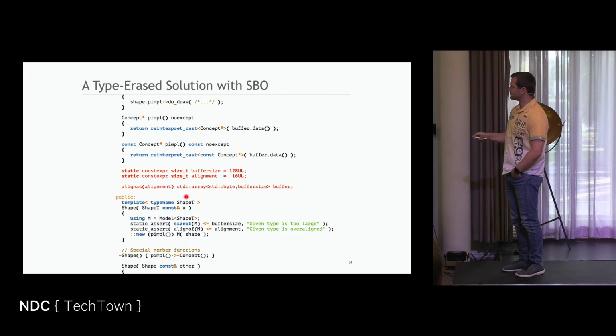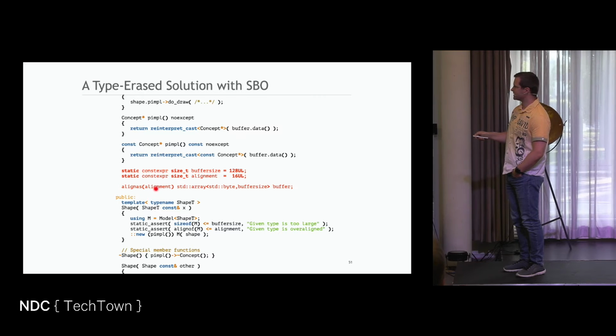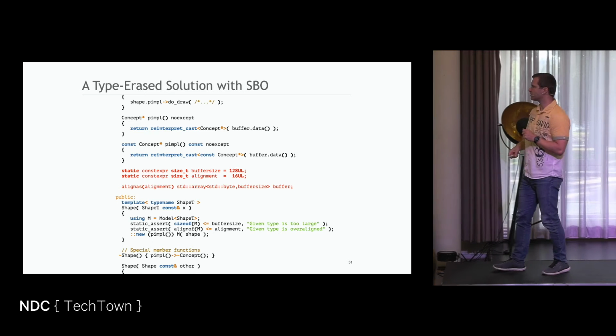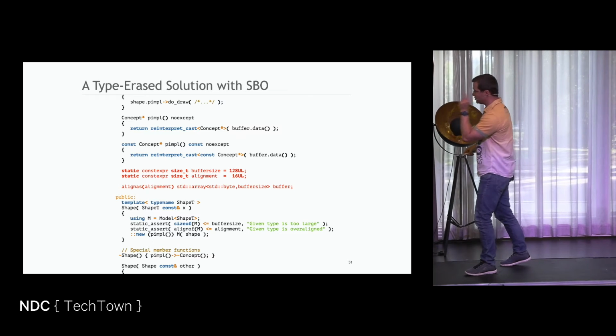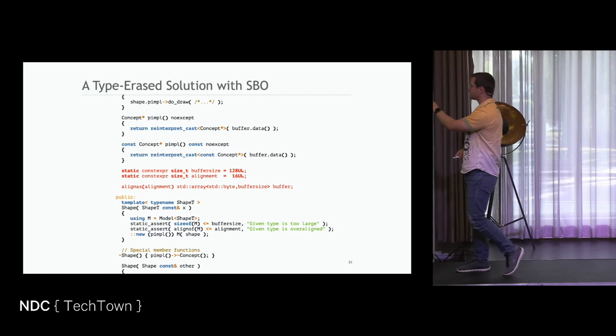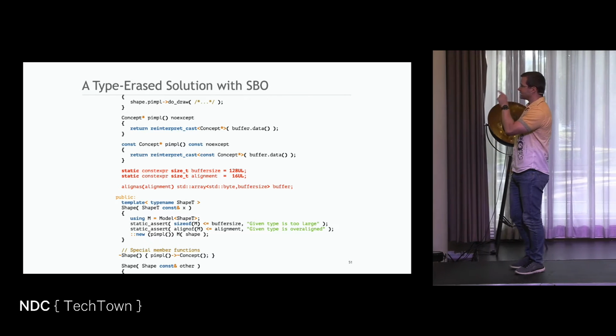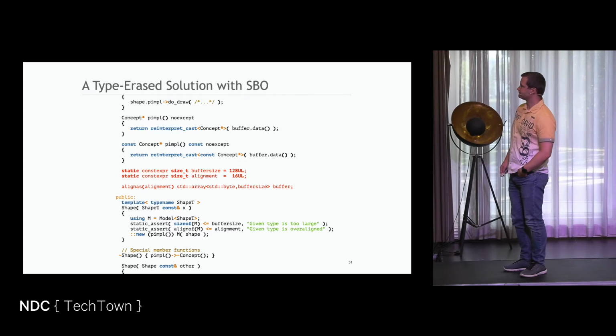However, please make sure that the alignment is fixed somehow. So right now, to keep it simple at this point, I have a fixed buffer size and alignment within the class. This is not just a given. We'll talk about how to deal with this a little later. But I do have an alignment. I do have a fixed buffer size, a maximum. And this is now what I work with.